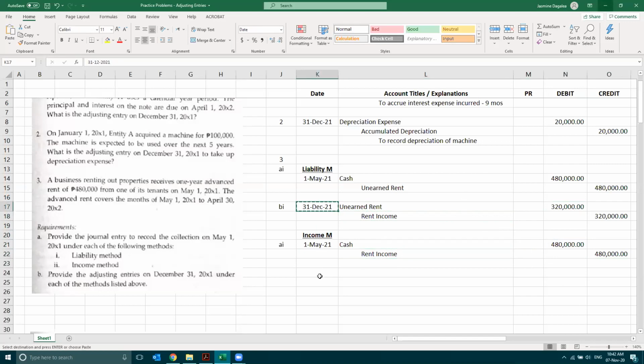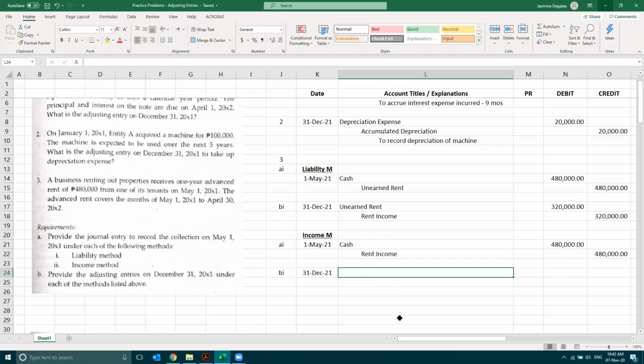So, how is your adjusting entry as of December 31? Remember, under liability method, your adjusting entry records the earned portion. Under income method, your adjusting entry records the unearned portion. So, what is your adjusting entry? 160,000.